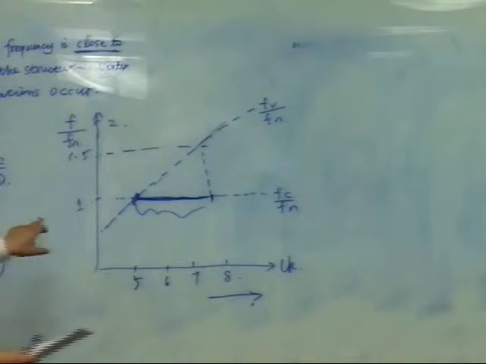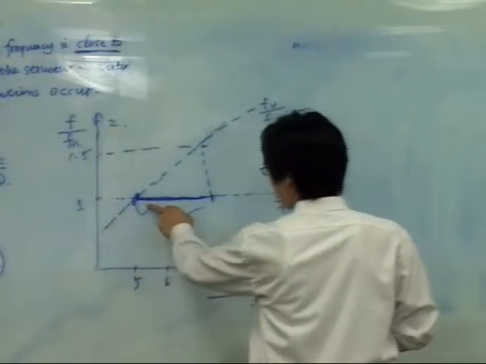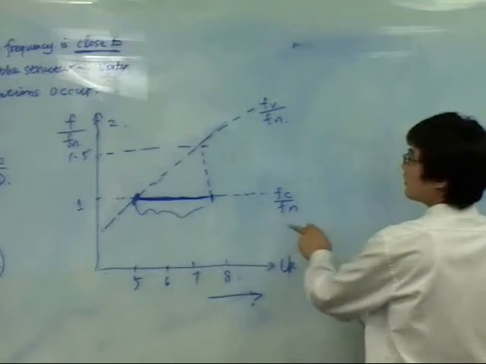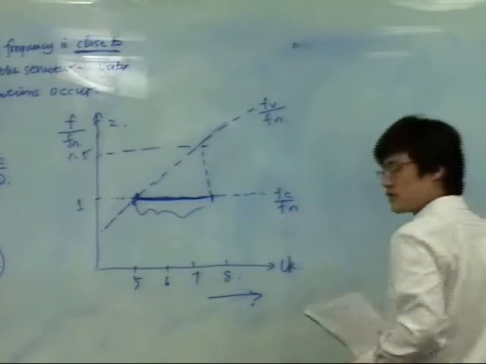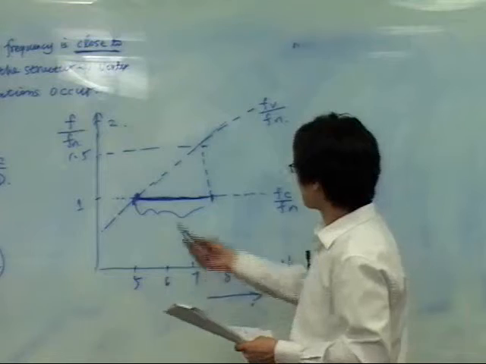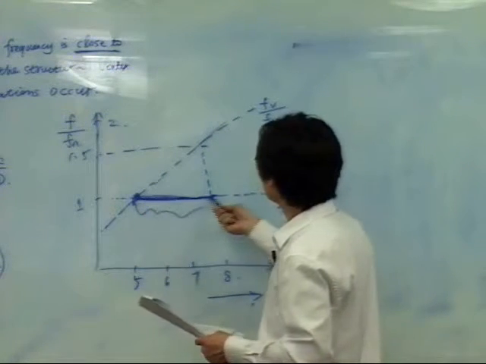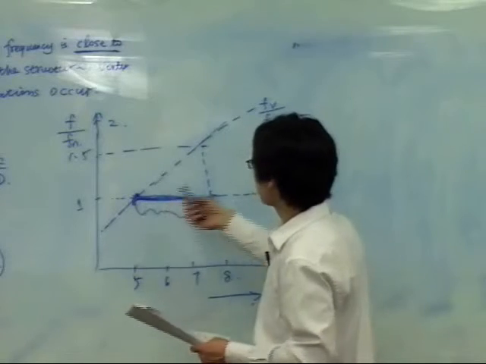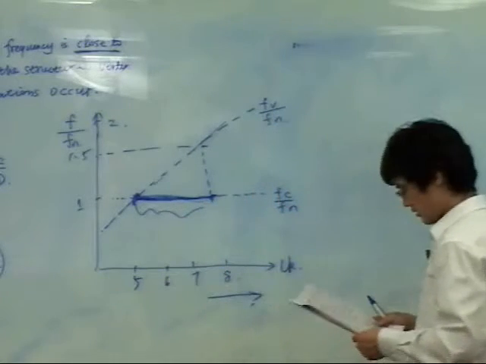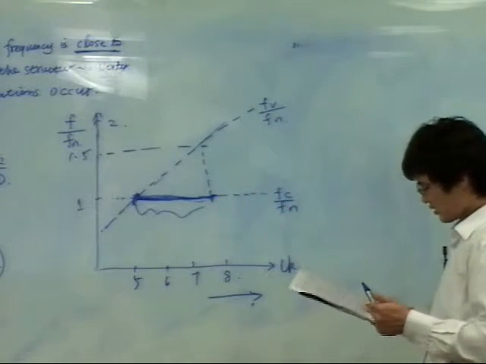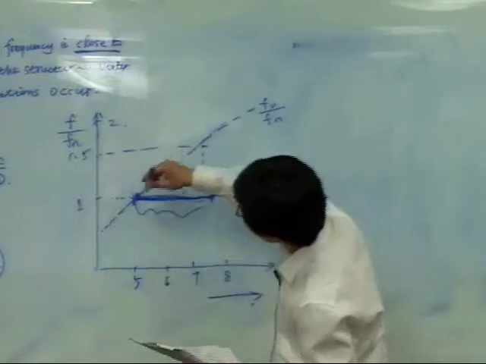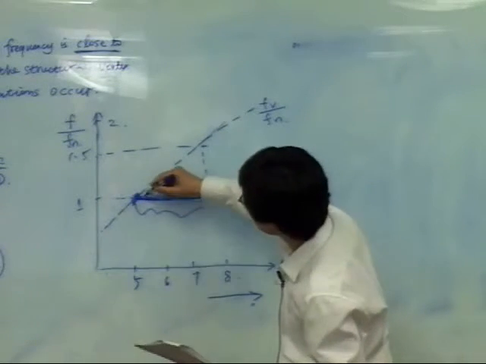Instead, its shedding frequency follows the natural frequency of the structure. So in this range, we have a lock-in region for the resonance oscillation. So the point is, it's not a point, it's a range.